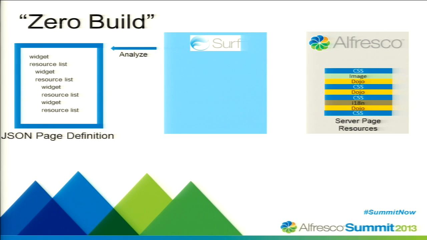So Surf analyzes the JSON and determines what widgets need to be loaded and what other resources the widgets have dependencies on. And then it will go back to the server and do this.